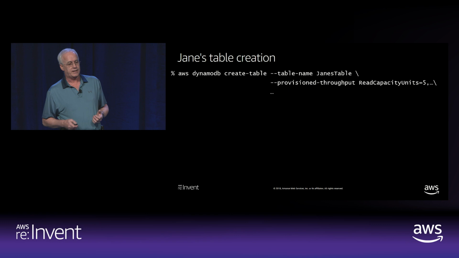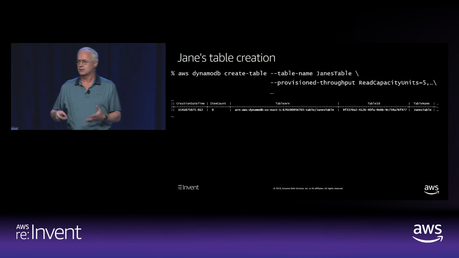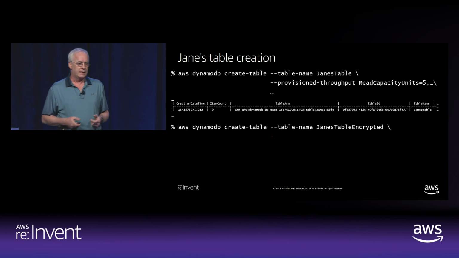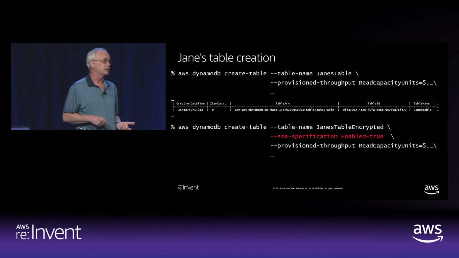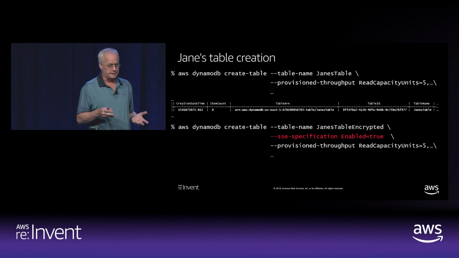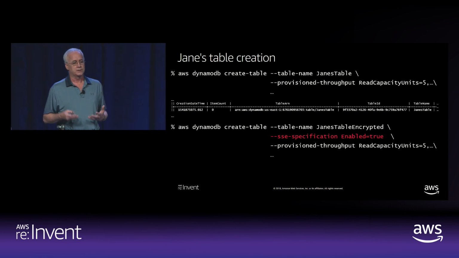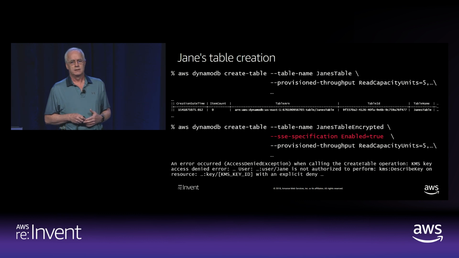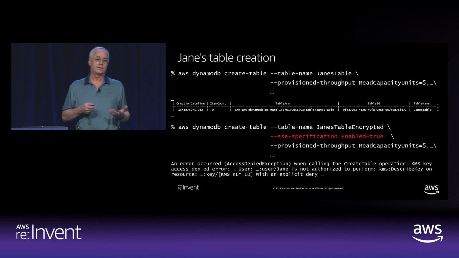But when Jane turns around and tries to create a normal table, everything works peachy keen, because that's all she has, all the DynamoDB permissions. However, when she tries to create a table with encryption, so she turns on the SSE specification with enabled set to true, she gets an access denied error. Because she needs to be able to access the key through DynamoDB, and the policy she had denied access.